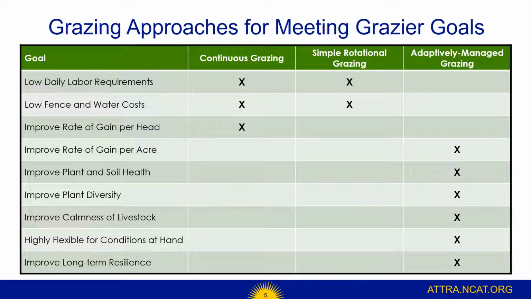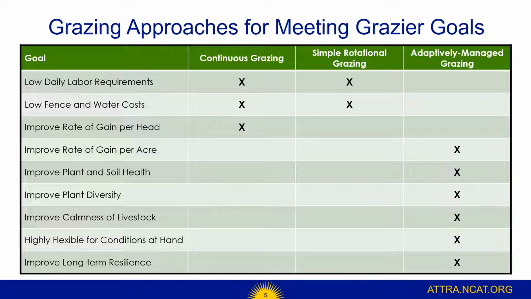My goal is not to shoot down any one particular grazing system or to try to sell you on a specific grazing system. But it really comes down to your lifestyle, your management style, the needs that you have personally and with your family.